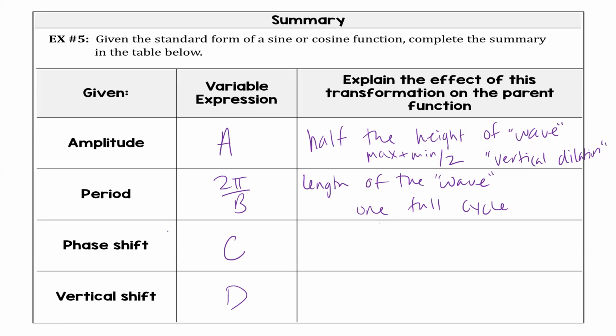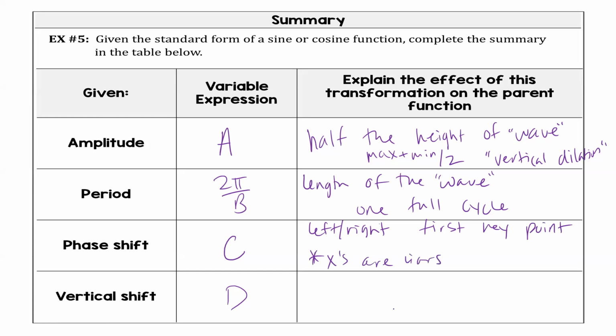Your phase shift is how much you're going left or right. You could have written that. It's the key point. It's your first key point, your starting point. For us, just remember that x's are liars.